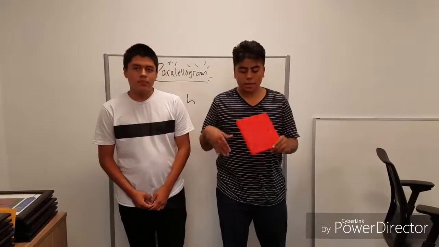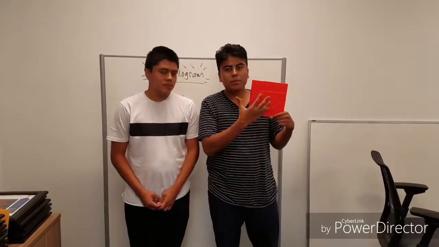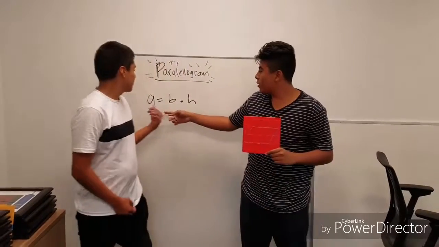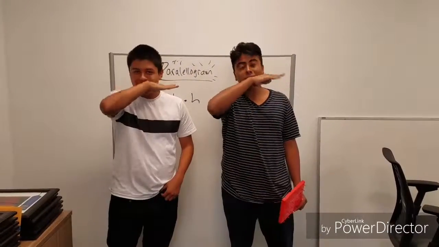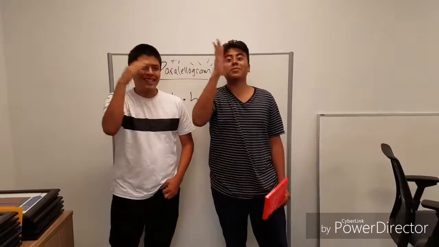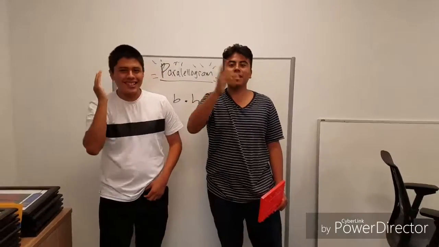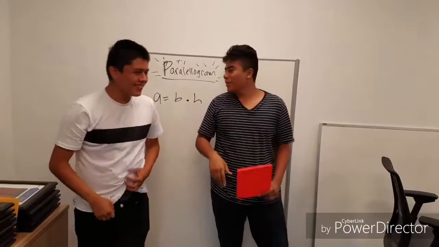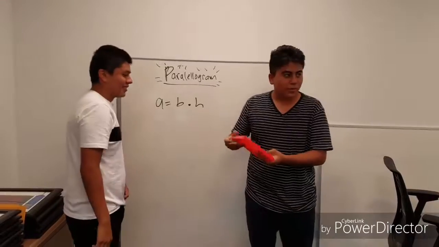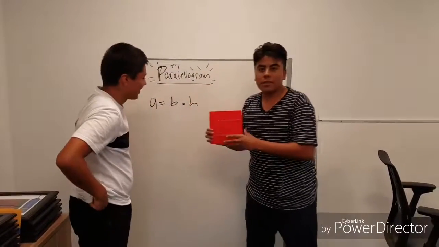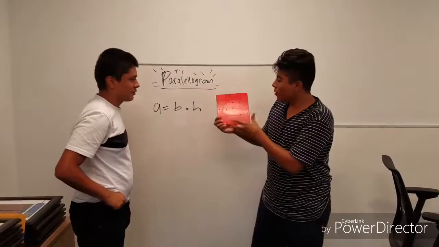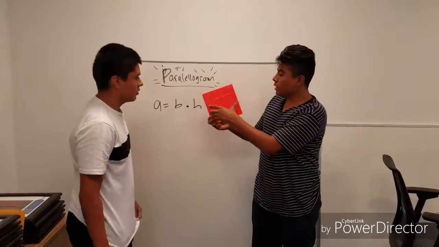Now we're going to prove that the area of the parallelogram is 6 units squared by using the algebraic equation, which is base times height. In the parallelogram there are two heights and two bases.